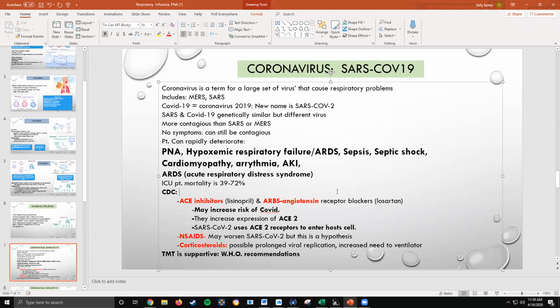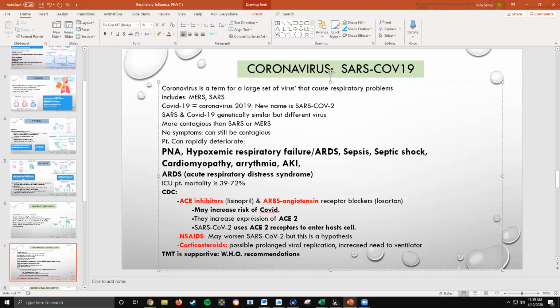Okay, so per the CDC, this is some information from them. ACE inhibitors and ARBs, those medications, which are for cardiac patients, remember they say cardiac patients are at higher risk, may increase the risk of COVID. So what they do is they increase the expression of ACE2. And we haven't really talked about ACE2, but it's just a different angiotensin converting enzyme.